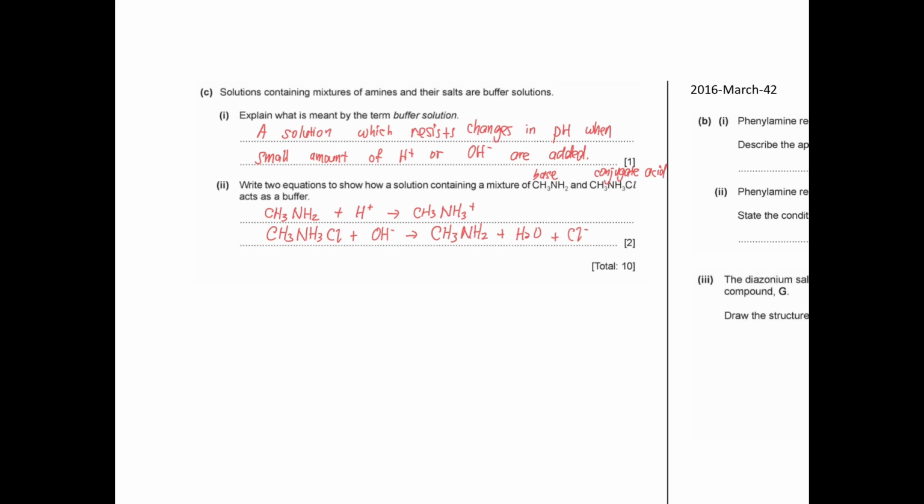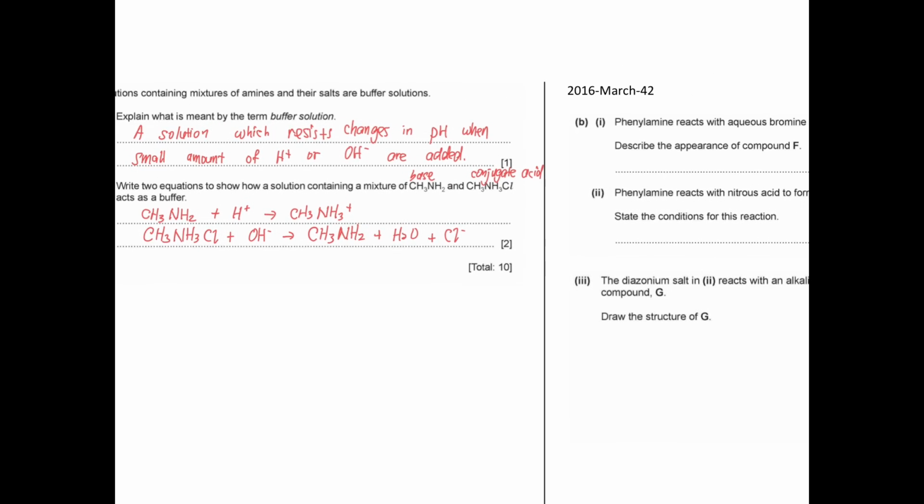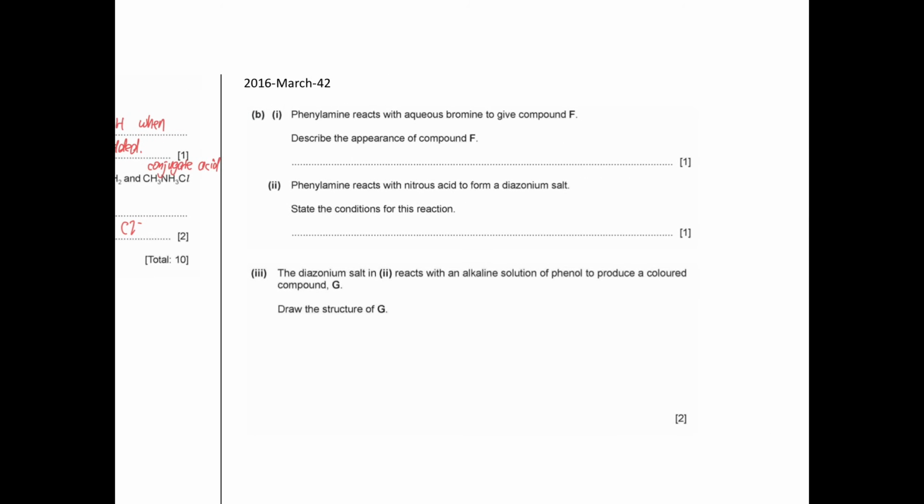Okay, so now let's do a bit more. Phenylamine reacts with aqueous bromine to give compound F. Imagine that the bromines will go to positions 2, 4, 6 of the benzene ring. So describe the appearance of compound F. It is a white precipitate. Phenylamine reacts with nitrous acid to form a diazonium salt.